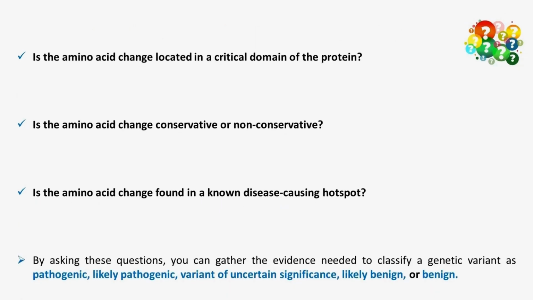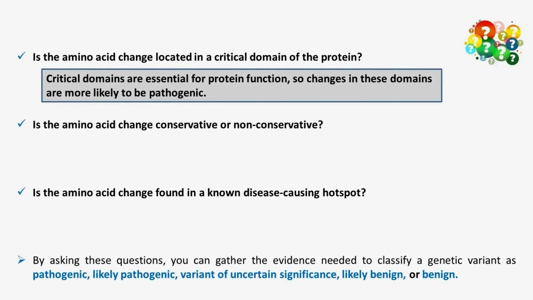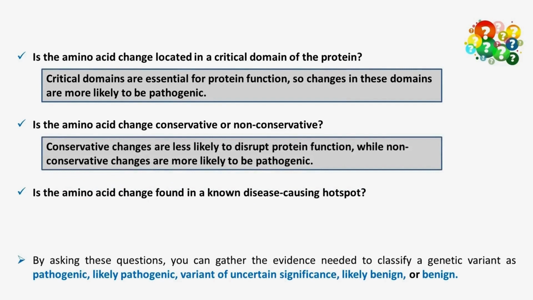We should know, is the amino acid change located in a critical domain of the protein? If yes, then there are more chances of that variant to be pathogenic because critical domains are essential for protein function. We should know, is the amino acid change conservative or non-conservative?